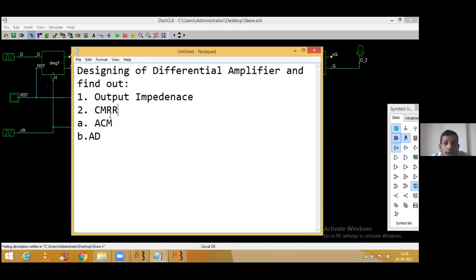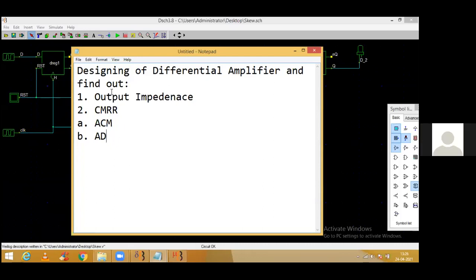Then you need to find out the CMRR, the common mode rejection ratio. For CMRR, we need to find the ACM, the common mode gain, and the AD, the differential gain. And we know the formula: CMRR equals 20 log of AD by ACM. Am I right? Yes, sir.